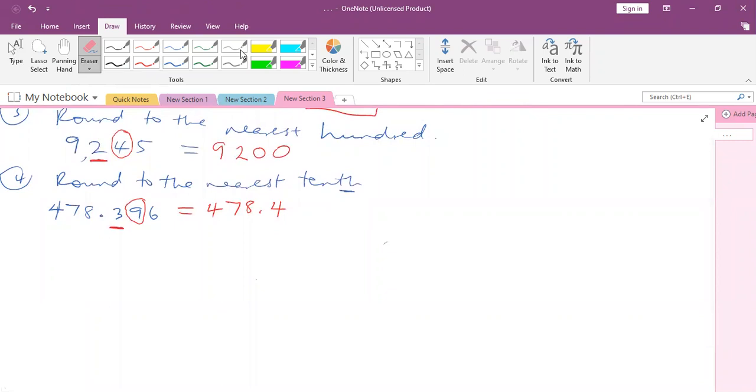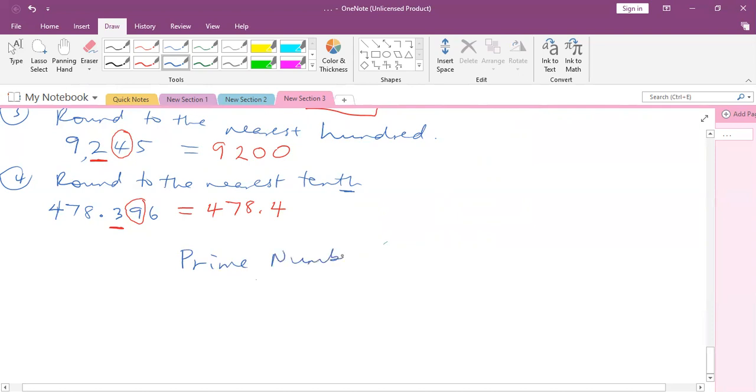Okay. Now the other thing you have to think about is prime numbers. You have to know prime numbers. So what are prime numbers? Prime numbers are whole numbers that have exactly 2 whole number factors. All right.